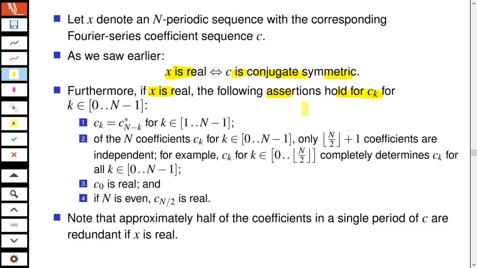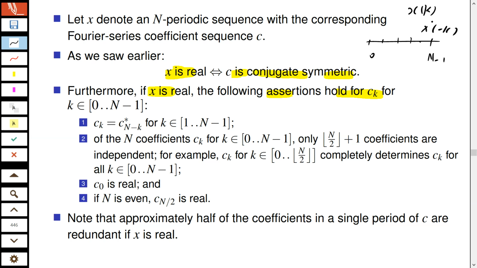Now, this is something which is specific to, this is a consequence of restricting the domain. So we are now restricting the domain to 0 to n minus 1, right? Now, normally when we say conjugate, for example, if I have x of k, complex conjugate would require x of minus k, for example.